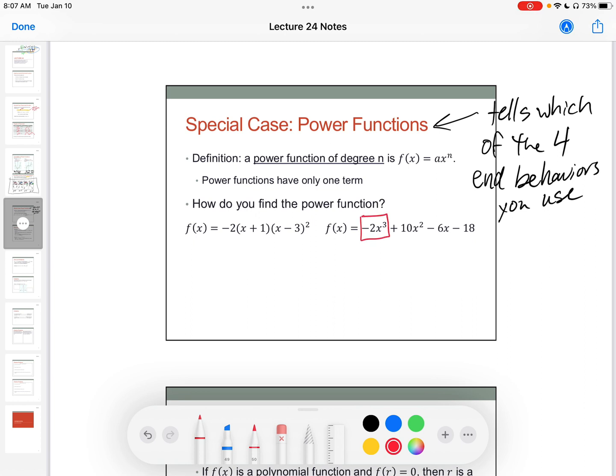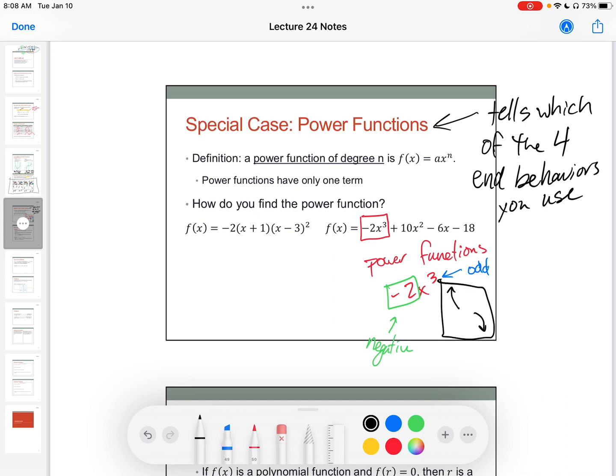So for this function, your power function is negative 2x cubed. I can see that my exponent is odd, and I can see that my a value in front of it is negative. So if I wanted to tell you the end behavior of this power function, it would be this example here.